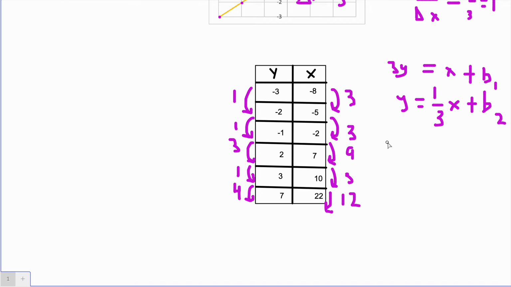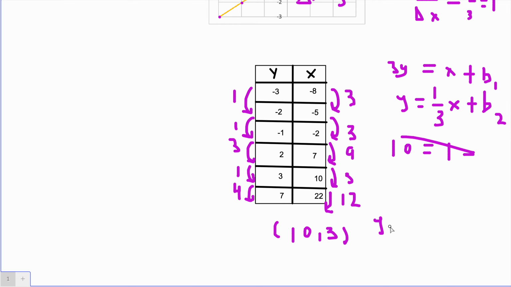So let's try plugging in the point 3, 10. Wait, it would be 10/3.